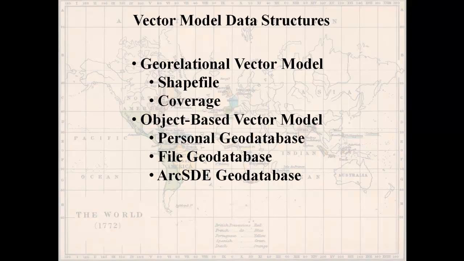There's also an object-based vector model, which is a newer model that's used nowadays, and that allows you to not only store where and what information like you can in these two, but also information about things like topology and behaviors and other things. So you can think of an object as like a thing, a person, let's say, and a person might have a height, a weight, hair color.